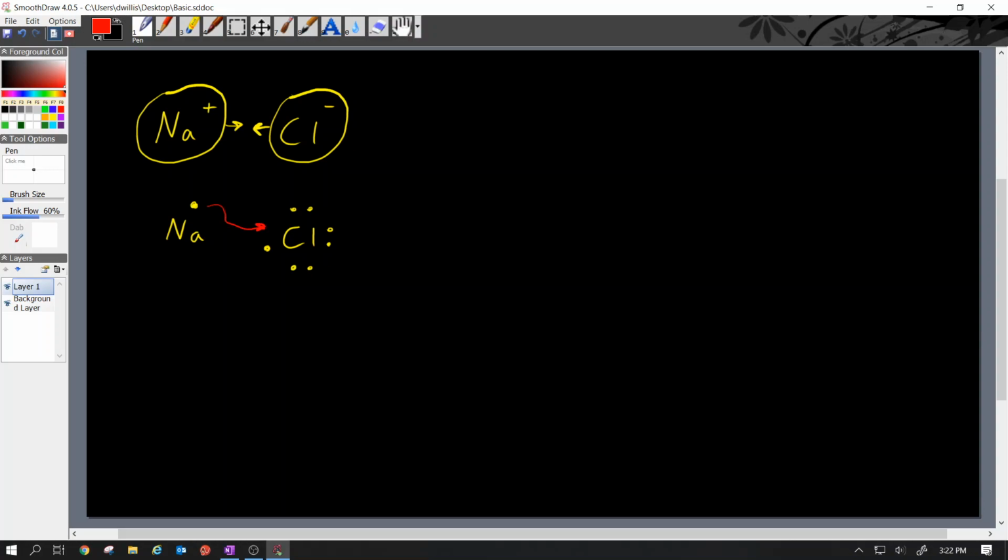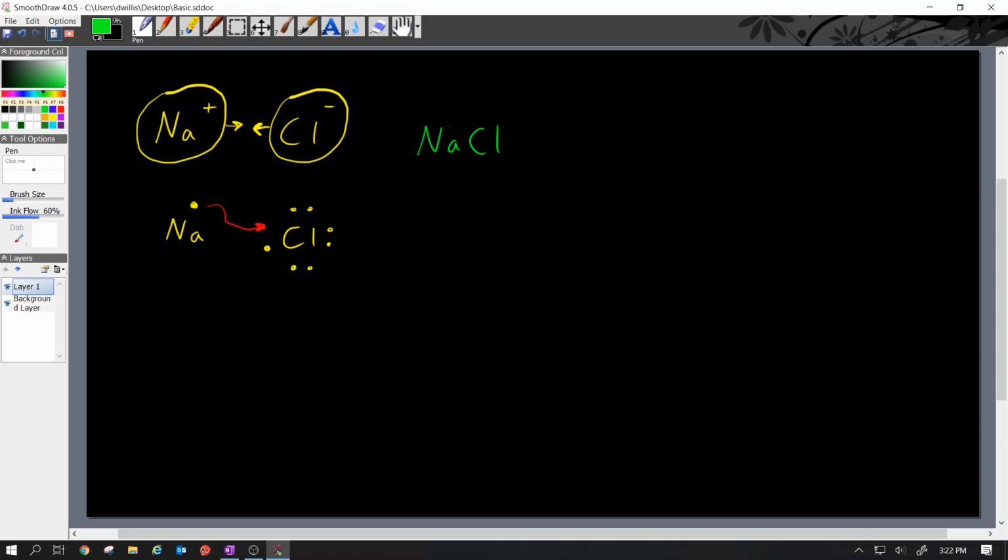That is how many things bond together: an electron is transferred from one to the other, and then we've got our positive ion and our negative ion, which attract electrically and bond together as NaCl, aka sodium chloride.